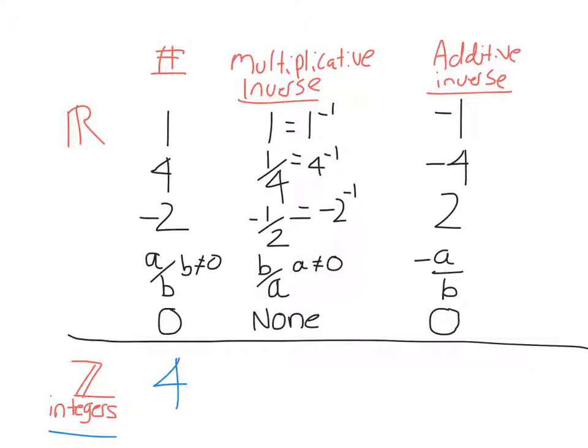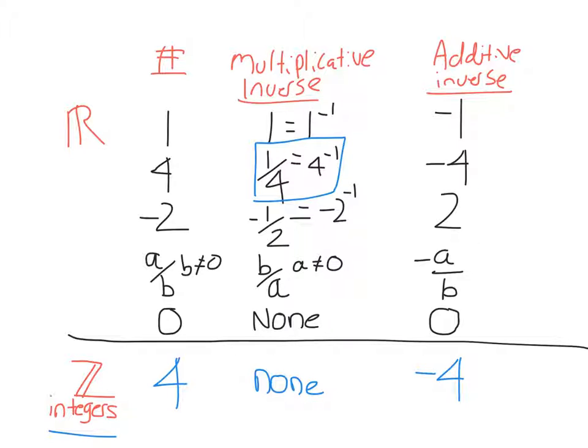So even though 4 has a multiplicative inverse in the set of real numbers, it doesn't have a multiplicative inverse in the set of integers. So if we're looking at the set of integers, 4 does not have a multiplicative inverse. It does, however, have an additive inverse, which is still -4, because -4 is an integer.